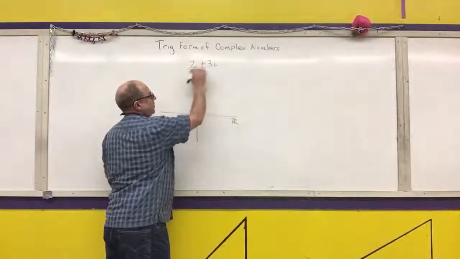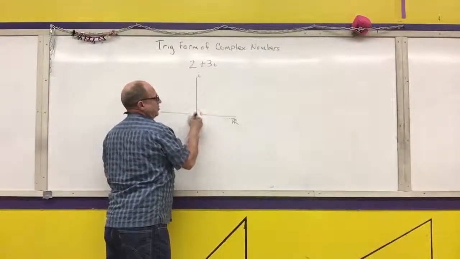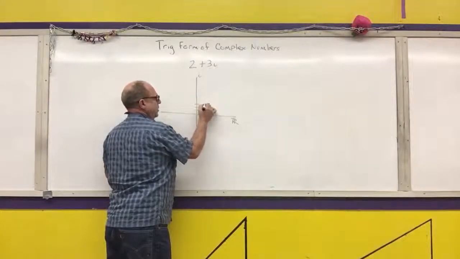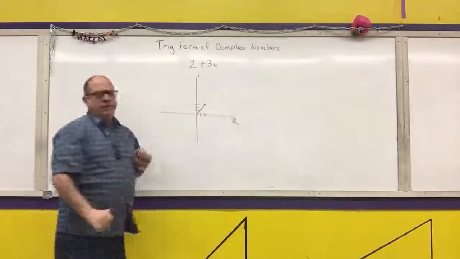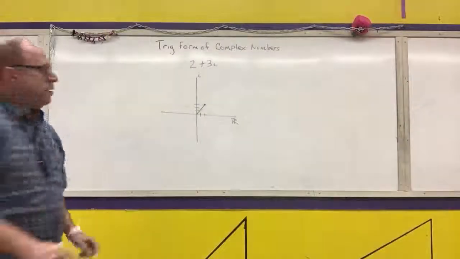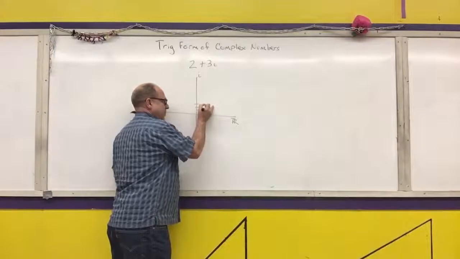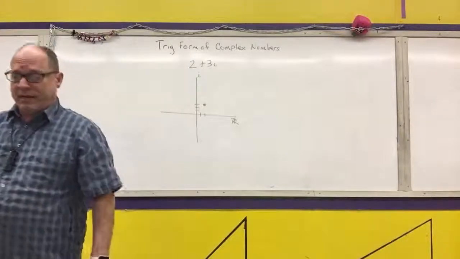So I could plot this as 2 in the horizontal direction and 3 in the vertical direction. Actually plotting the complex number would not be the segment, it would just be the point that is right there.